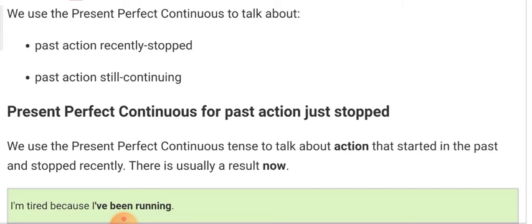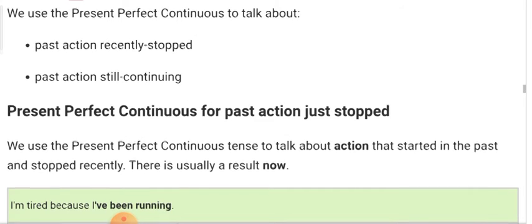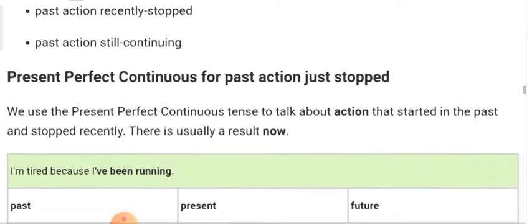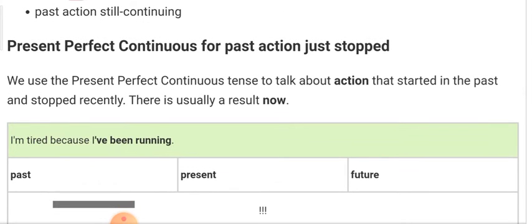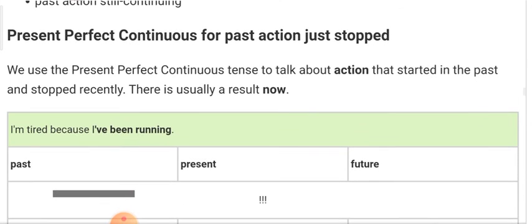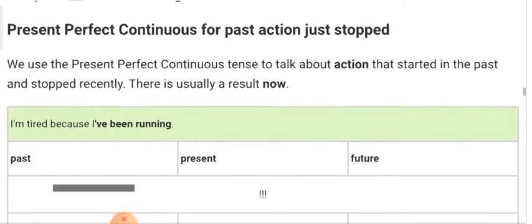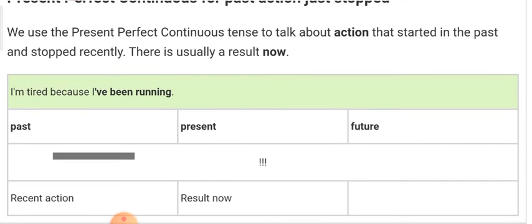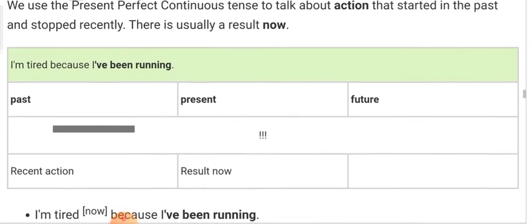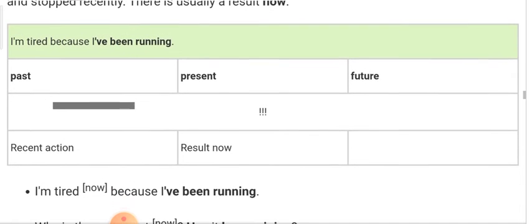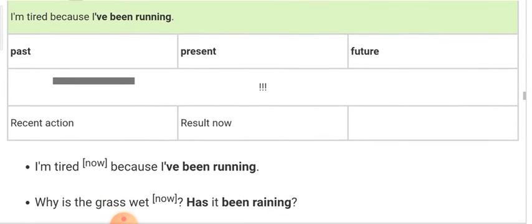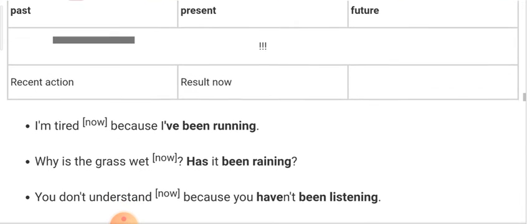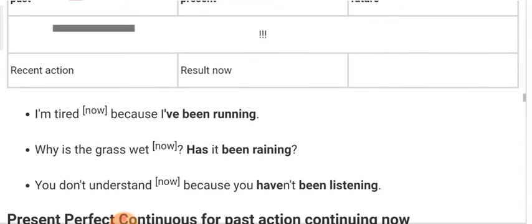So, present perfect continuous for a past action just stopped. See, I am tired because I have been running. I am tired, that is present, and I have been running, that is past. Okay, some sentences are here, and within the past we can use present perfect continuous also. Now you can see, I am tired, that means this action is now.